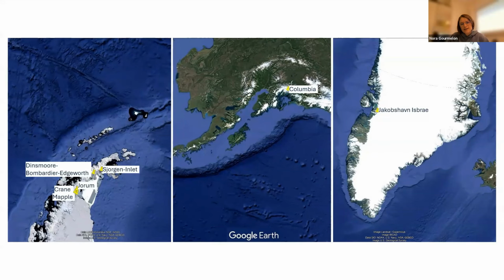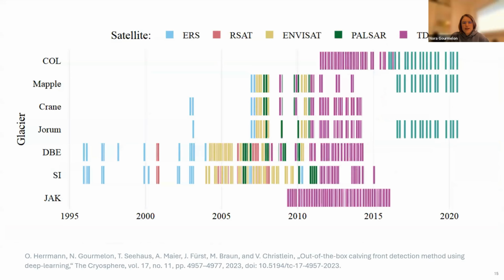The one in Alaska and 1 of the 5 in Antarctica are withheld for testing in the end. In total, we have 559 training images and 122 test images. Here you can see that the dataset spans from 1995 to roughly 2021, and we have data from 6 different satellites.